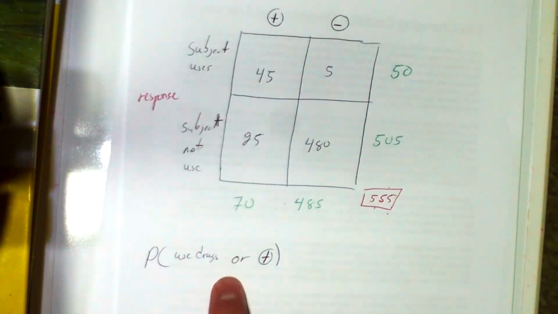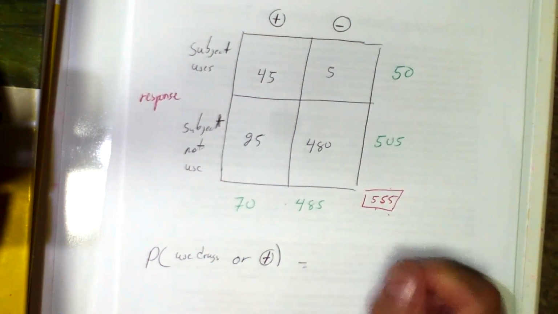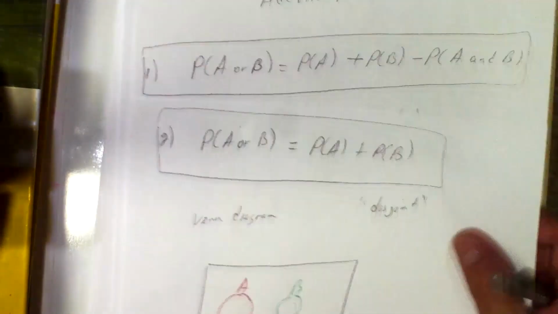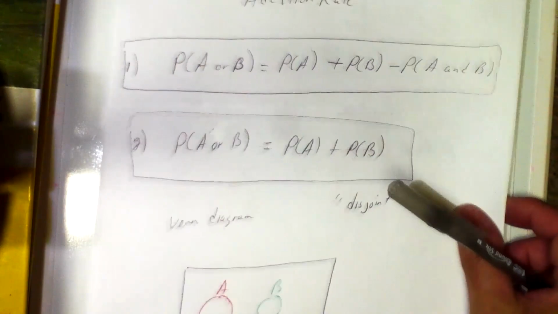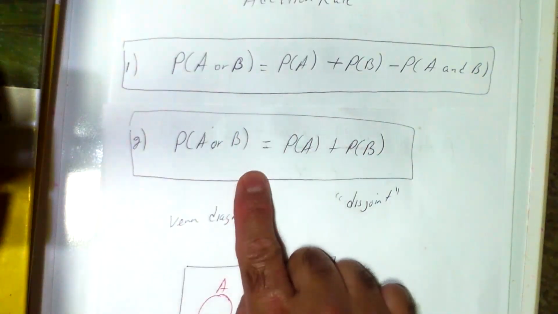Uses drugs or tested positive. Now I have to determine whether I'm going to do the overlap or the disjoint. Which one am I going to use? Am I going to use the overlap or the disjoint?